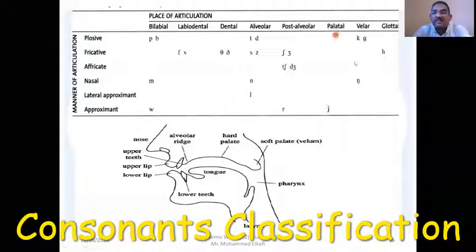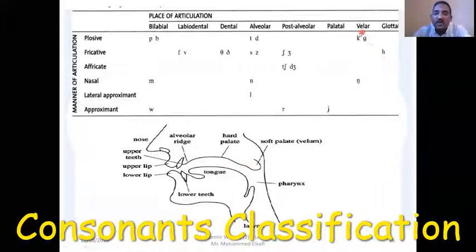It's known as palatal. Also we have ka and ga. Ka and ga are velar. Okay, this is the velar. Okay, and ng, as in the ng at the end of words. So we think of them as what? Velar.